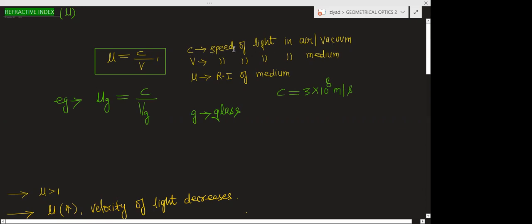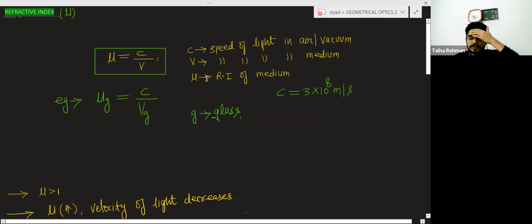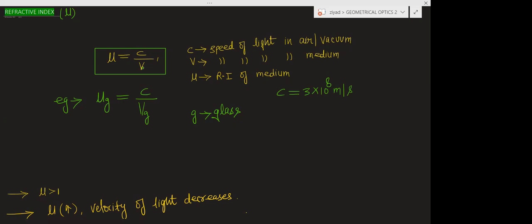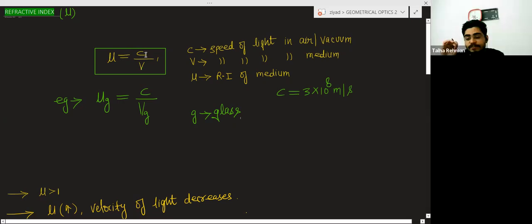C is the speed of light, V is the speed of light in the medium, and mu is the refractive index of the medium. Remember, there is no unit of refractive index, because here also the speed, here also the speed. So the refractive index is unitless. Another point: always remember the speed of light is greatest in air or vacuum.